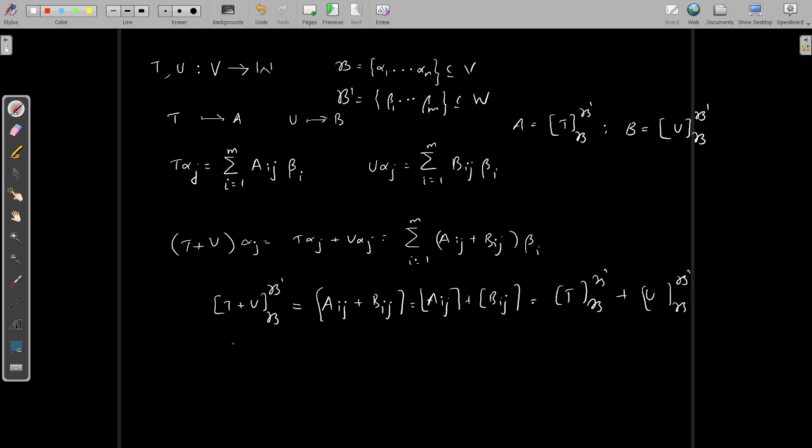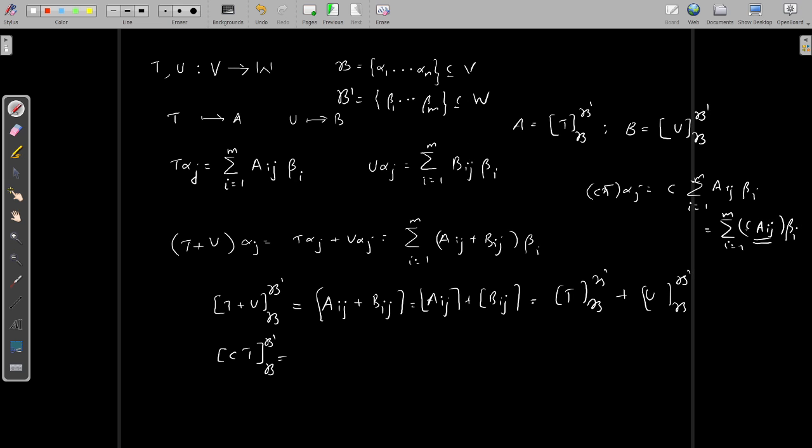Similarly, you can define the matrix of cT relative to the bases B and B prime by evaluating cT of alpha j. cT of alpha j is nothing but c times T alpha j, which is the summation over i equal to 1 to m of c times a_ij beta i.